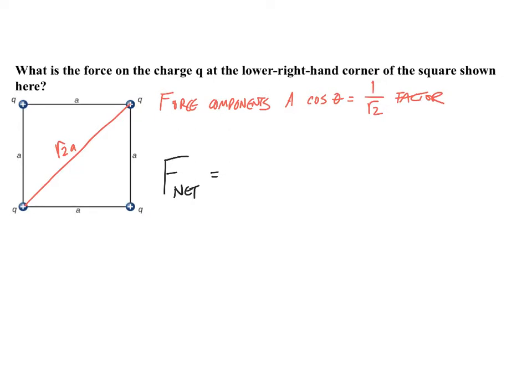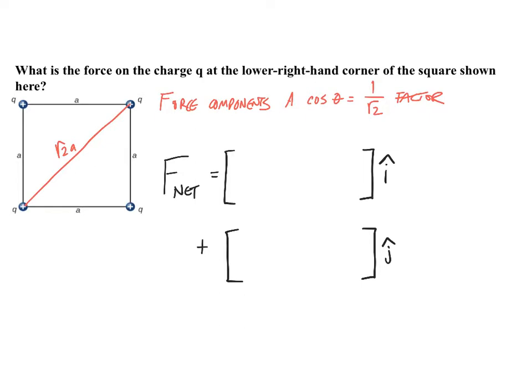So I know in advance that I have some chunk going in the I direction, and I have some other chunk going in the Y direction. I keep getting my J's and K's. There we go.